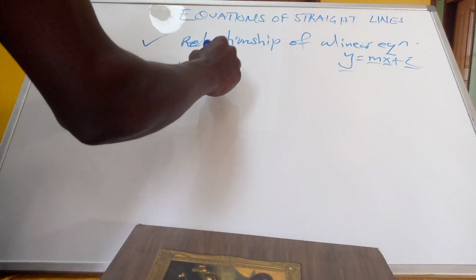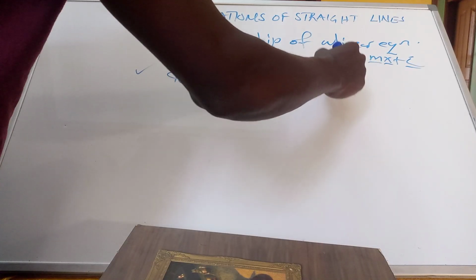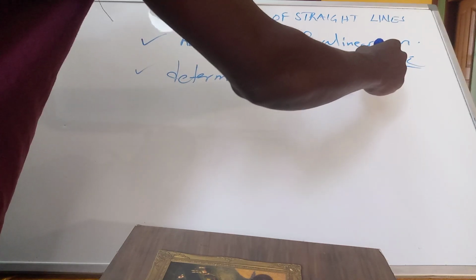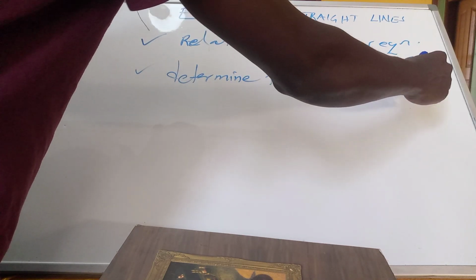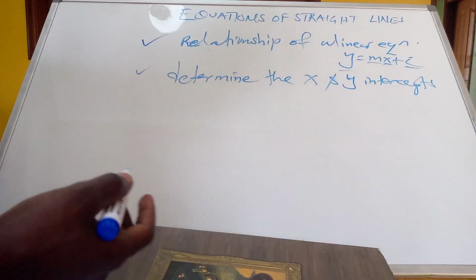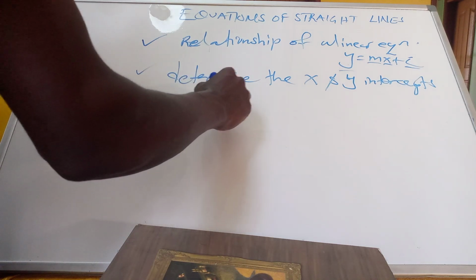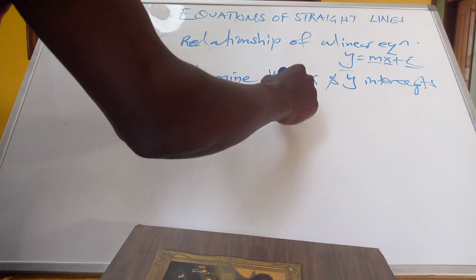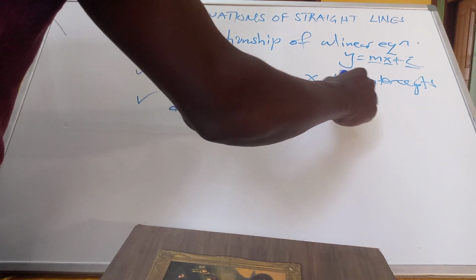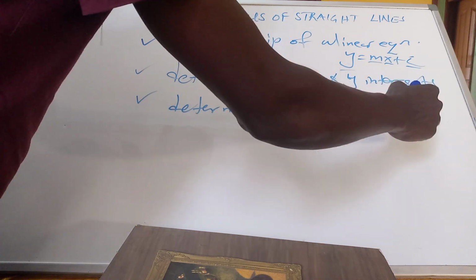Then we are to determine the x and y intercepts given the equation of a straight line. Then we are to also determine the gradient of a straight line.